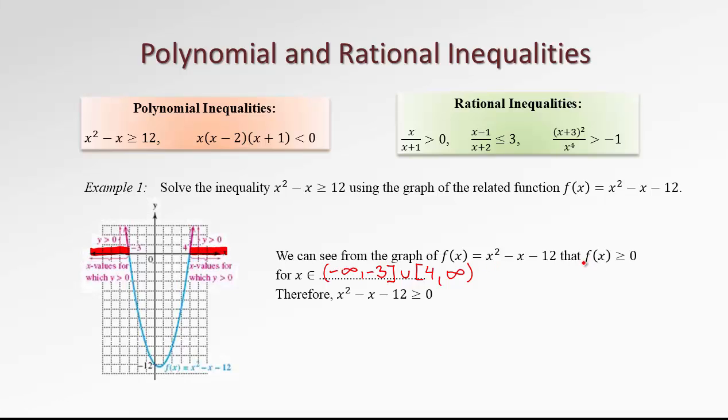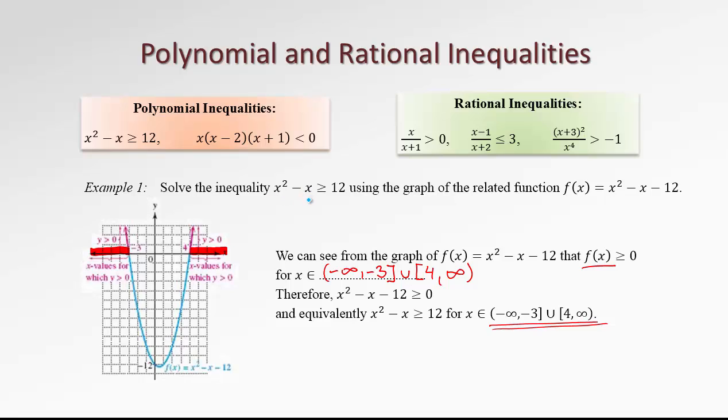So, since we know that f of x is bigger or equal to 0 for x's from this set of points, therefore x squared minus x minus 12, which is our function, right, is bigger or equal to 0, and equivalently x squared minus x is bigger or equal to 12, our original inequality, for the same set of x values. So that's the answer for the whole question, right?